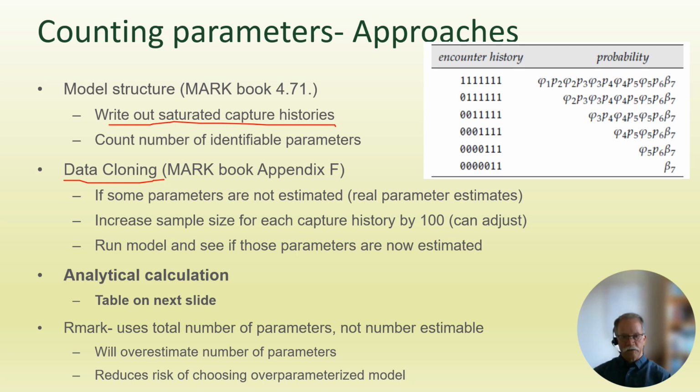The default is to increase it by 100, but you can increase it by 10,000 or a million or however many you want to, and then run the model again to see if those parameters are now estimated correctly.